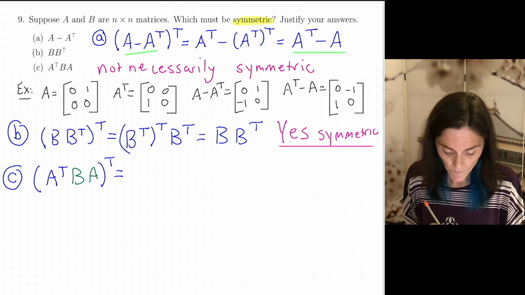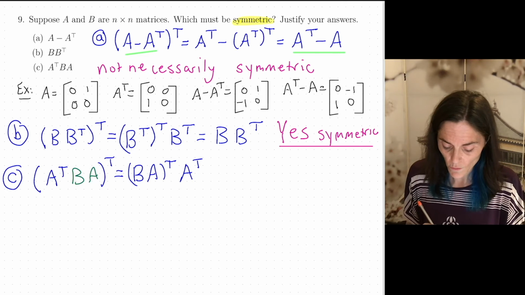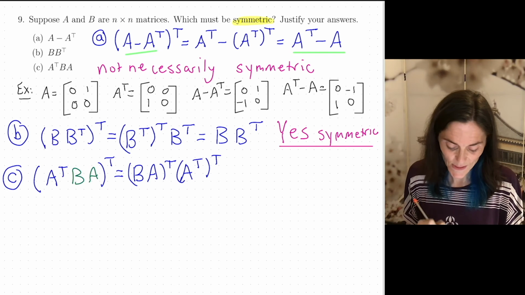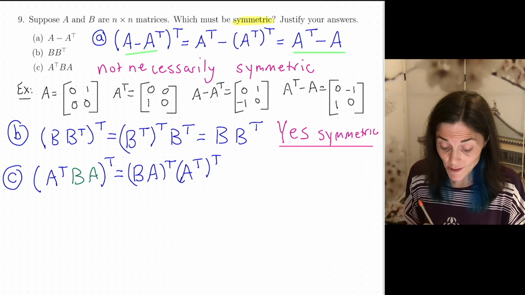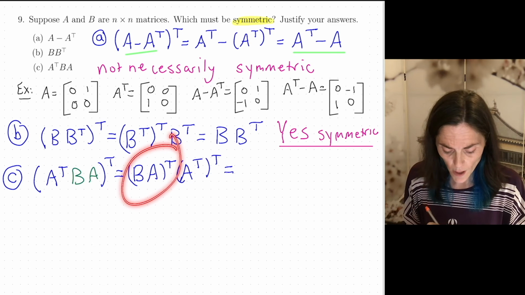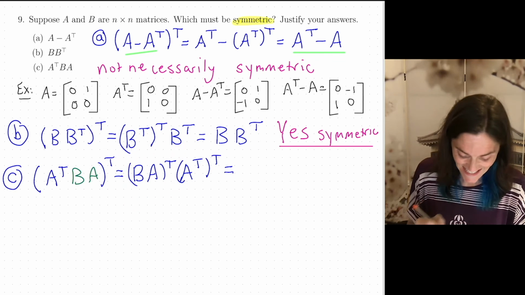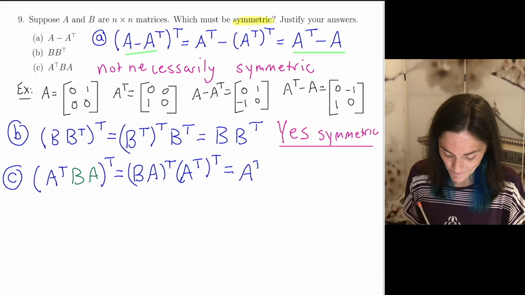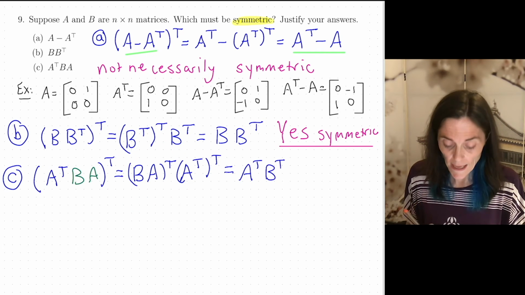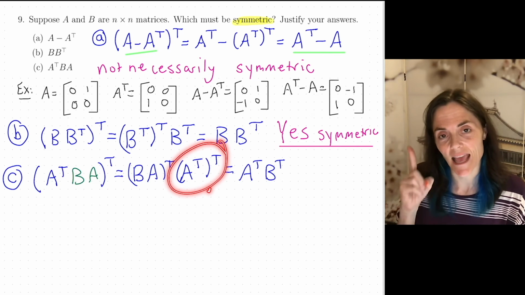This would be BA transpose, and then A transpose. Now, I really have 2 steps to take at this point. The first one is now I have another product. I have BA transpose. And so this is just A transpose, B transpose. And my final step here, A transpose is A.